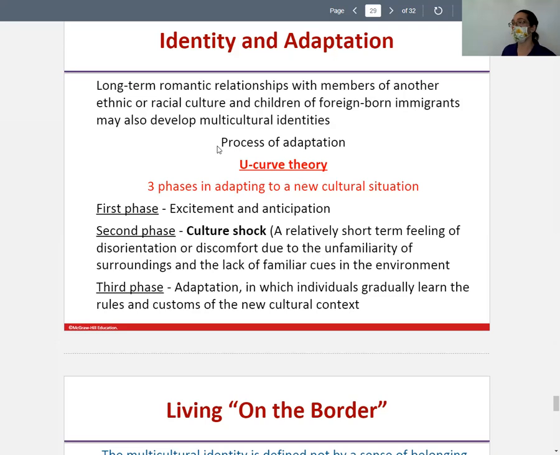Things are unfamiliar. Let's say you get to Peru and you're like, oh my gosh, why are there guinea pigs for sale in the street? Why are people barbecuing guinea pigs on the street? Or if you're going out to a restaurant somewhere overseas, you're like, how do I call the waitress or waiter over?